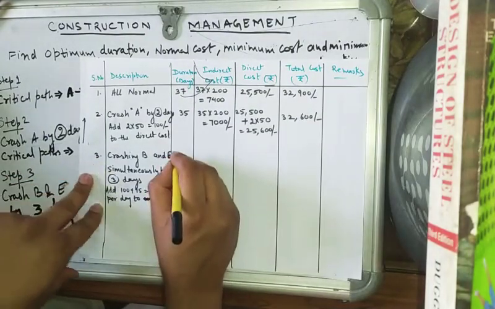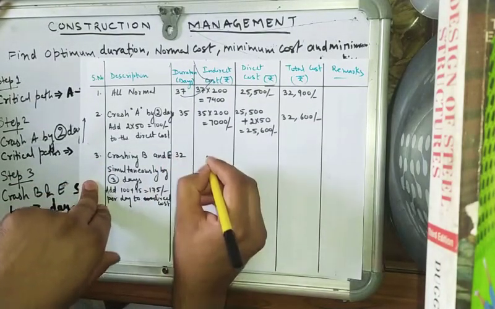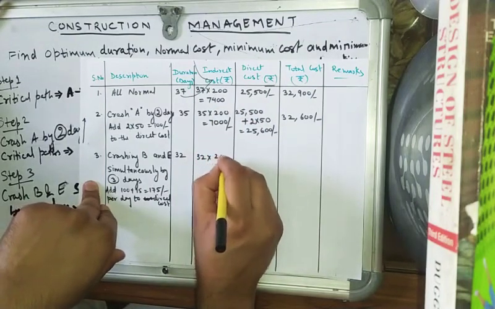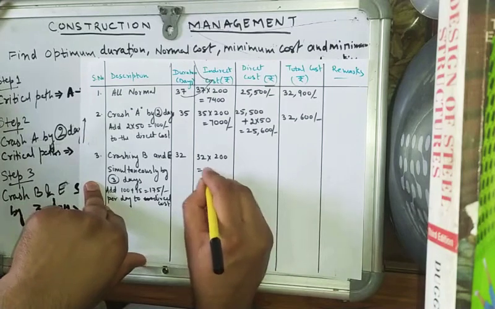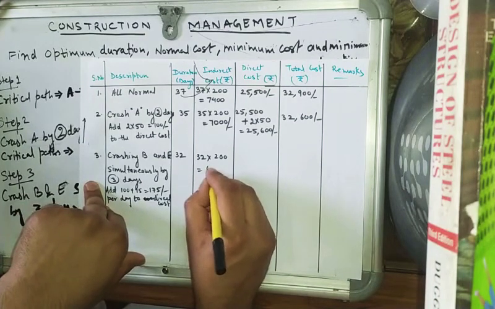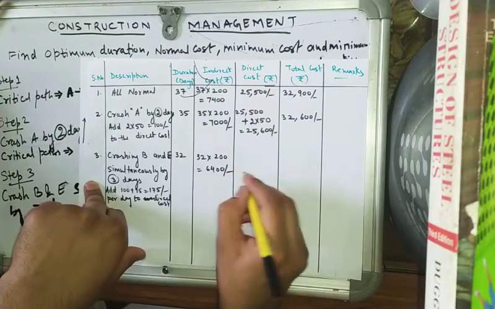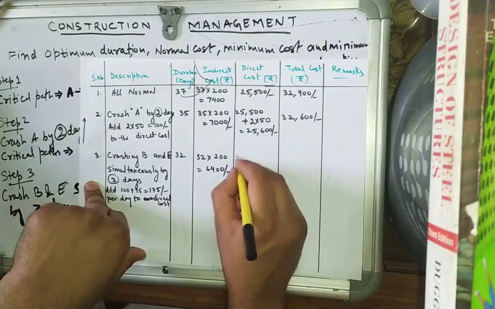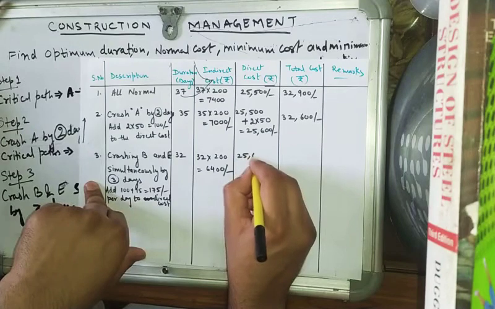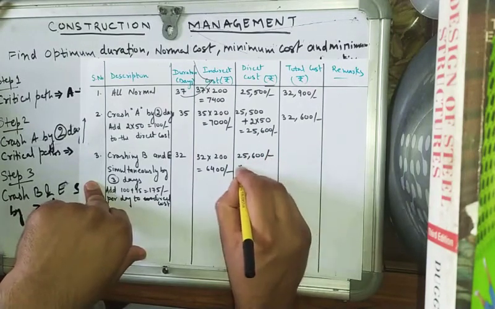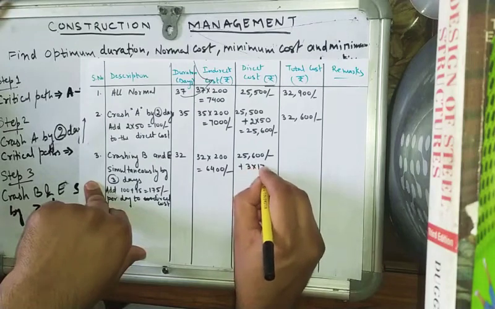The duration is 32. Indirect cost will be 32 into 200 is equal to 6,400. Direct cost will be 25,600 plus 3 into 175.